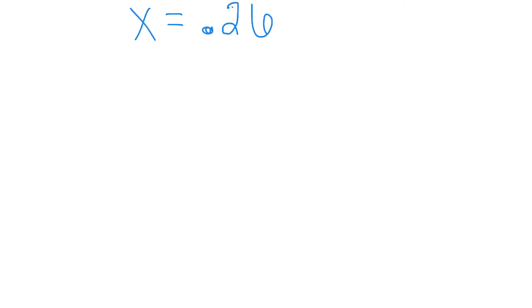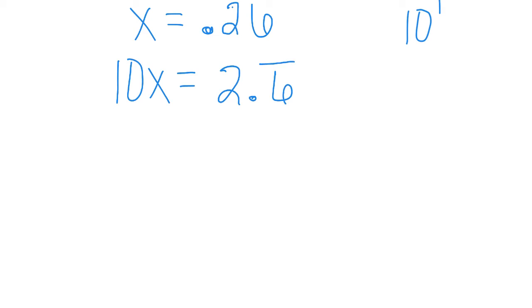And that's determined by how many numbers repeat. Only the 6 is repeated, so we're going to multiply by 10 to the first power, which is 10. On the left, 10 times x is 10x. And that's going to equal the 0.2 with the repeated 6 times 10 to the first power. That will give us 2.6 repeated.